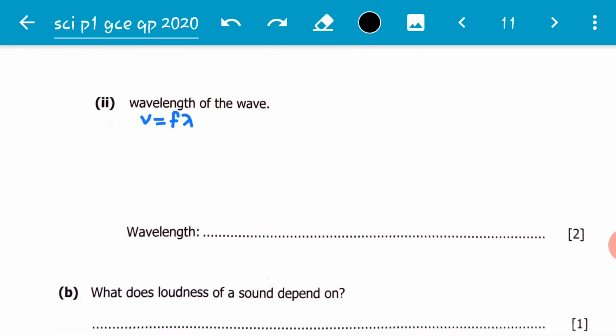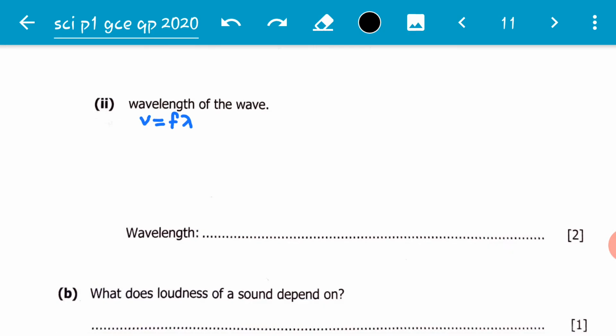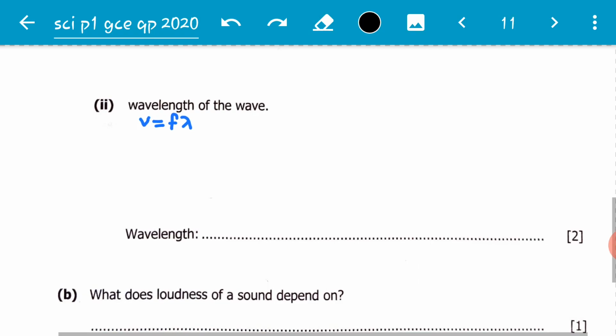Wavelength is not the inverse of frequency. But wavelength can be gotten from the formula: velocity of the wave is equal to frequency times wavelength, or the wavelength is equal to the velocity of the wave divided by frequency.